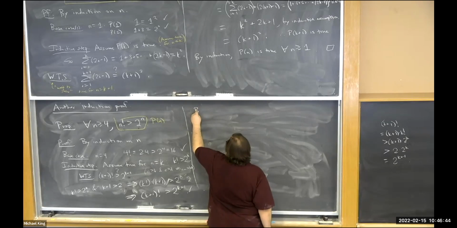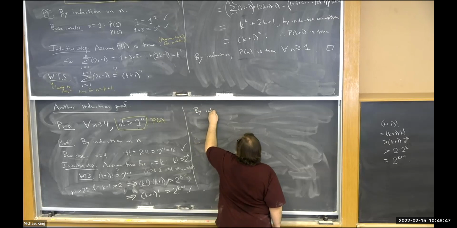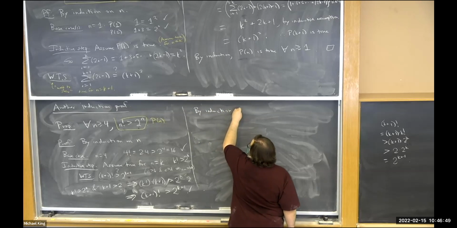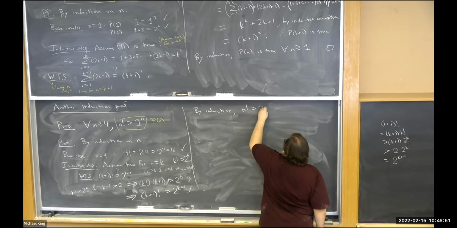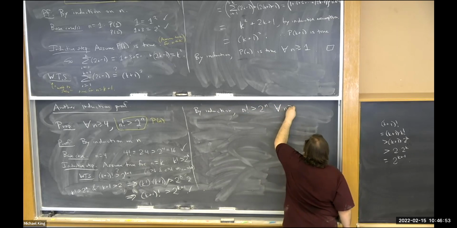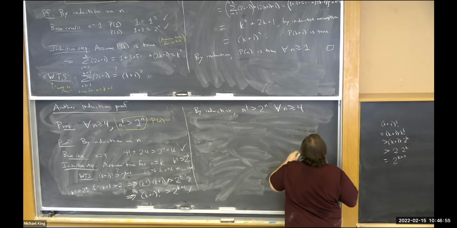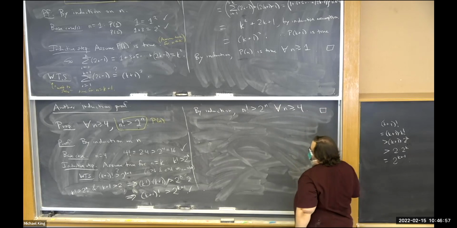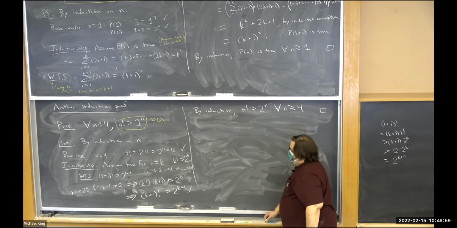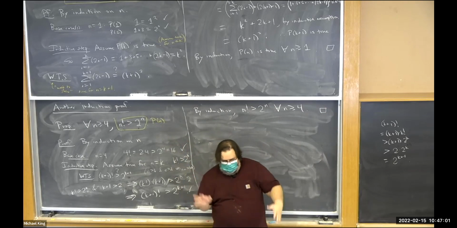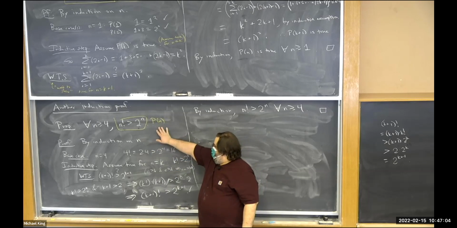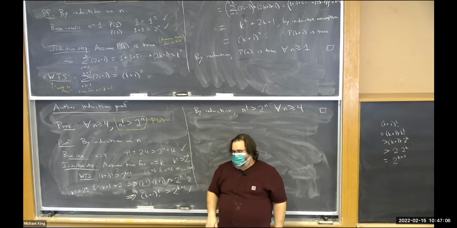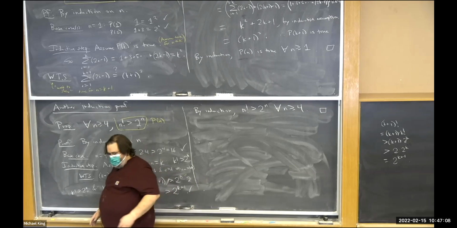So by induction, n factorial is greater than 2 to the n for all n greater than or equal to 4. For some reason, when I write these proofs, I don't often explicitly say the P of n, but it's probably a good habit, as it makes it a little more formalized.